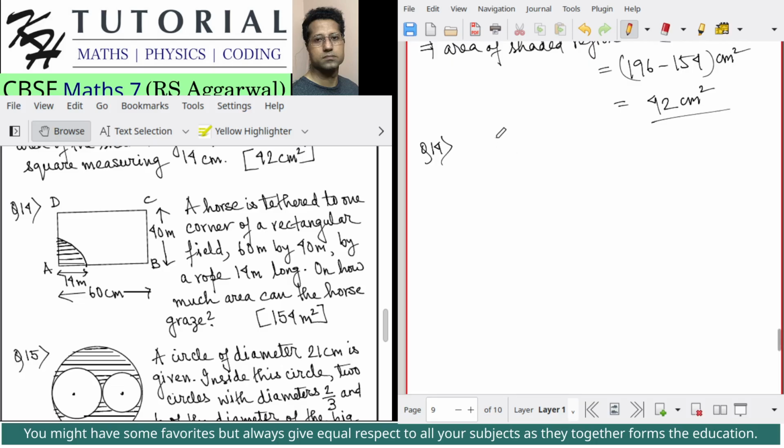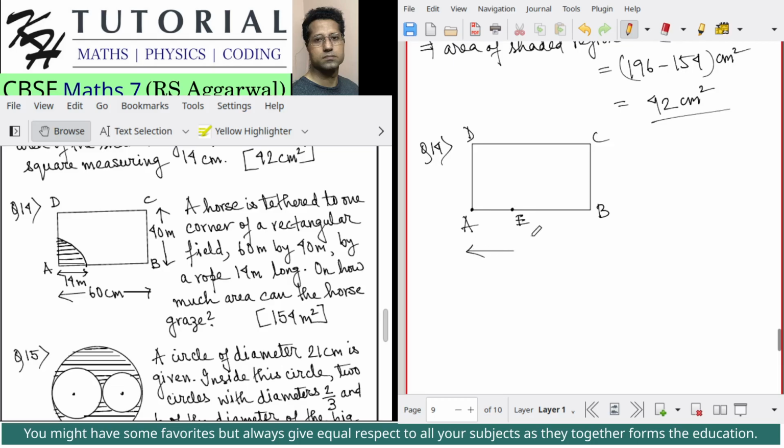So basically, as per the given figure, this is the rectangular field. Let's say ABCD is the rectangular field, and the horse is tied at the corner A by a rope 14 meter long. Let's say AE is the rope.